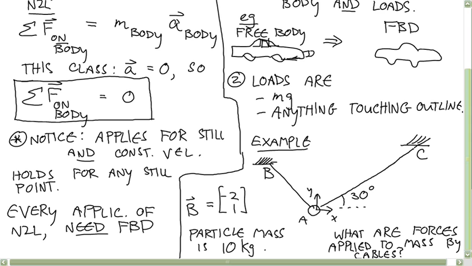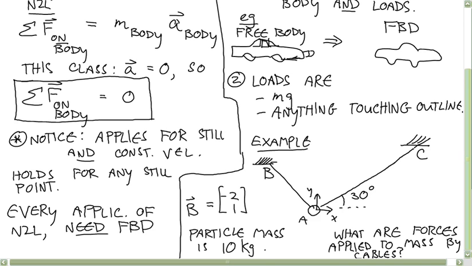Okay, so free body diagram. Well, what do you want to isolate? In this one, it's pretty easy to choose a body to isolate. Yeah, just isolate the mass, right?